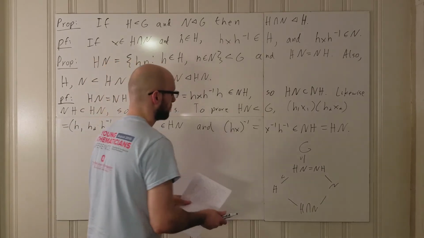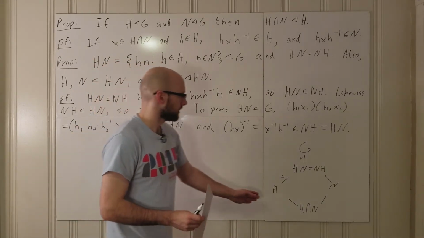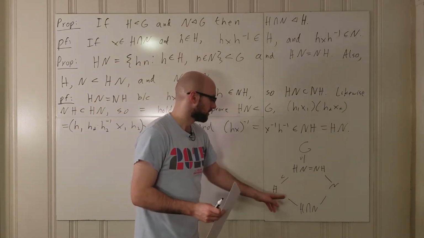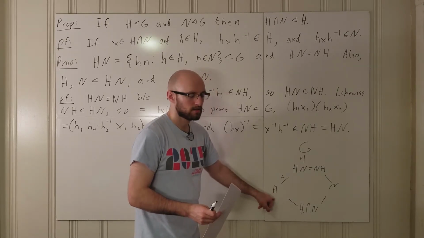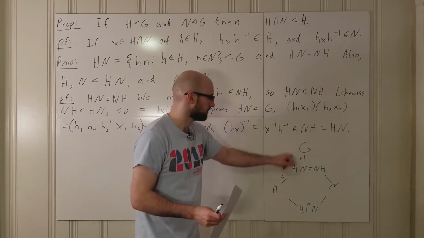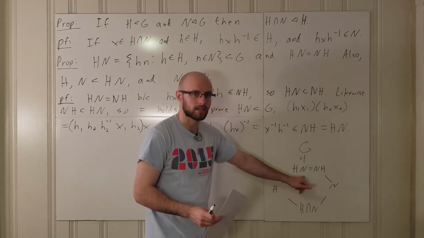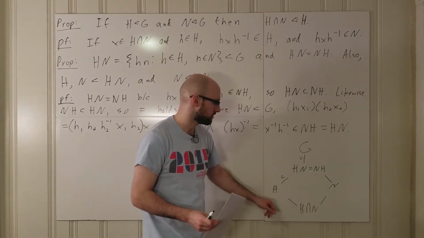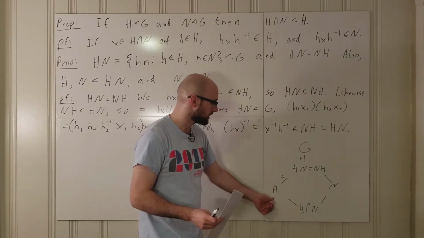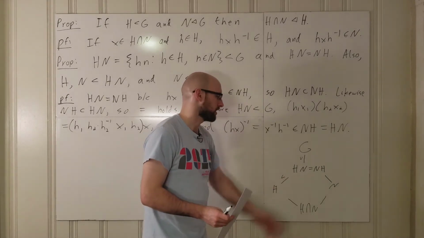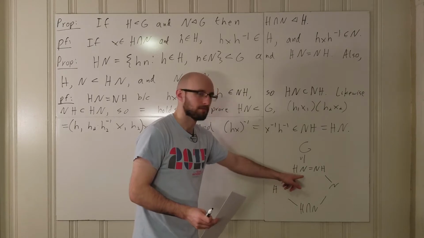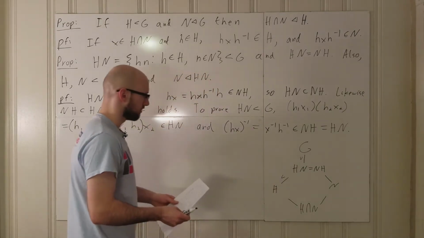And so H is obviously a subgroup of HN because it's a subgroup of G, and it's contained in HN because e is contained in N. So anything that's in H is in HN, because you take that element and you multiply it by the identity. Okay, so that's a subgroup.